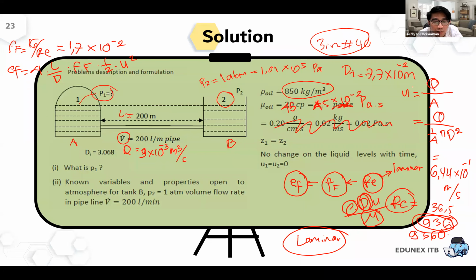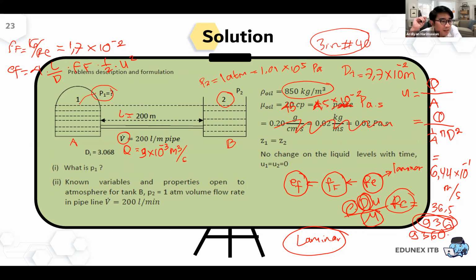So I prefer you use the order of 10, but it's up to you. Just be careful and pay attention when you input the numbers in the calculator.